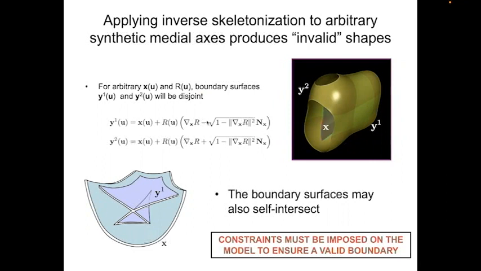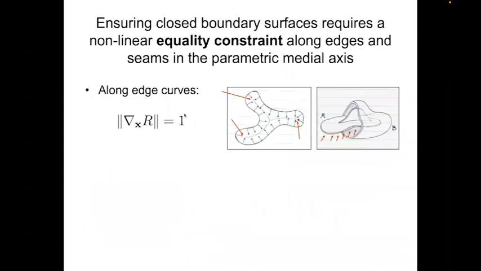And similarly, if we look at the seam curves, we have a set of related constraints, also involving grad of R. But now what grad R has to equal has to do with the angle at which the medial surfaces come together, so the dot product of the normals of the two adjacent surfaces.